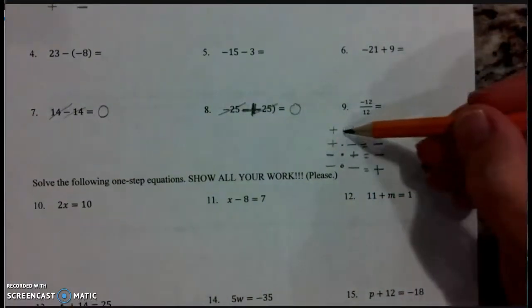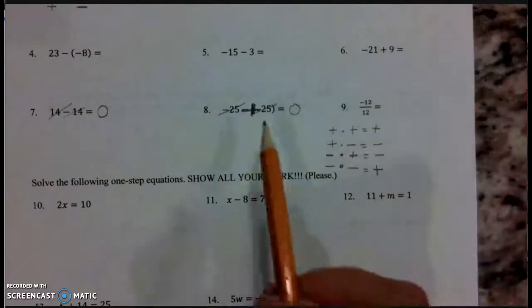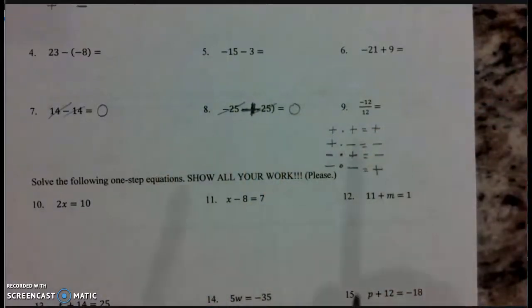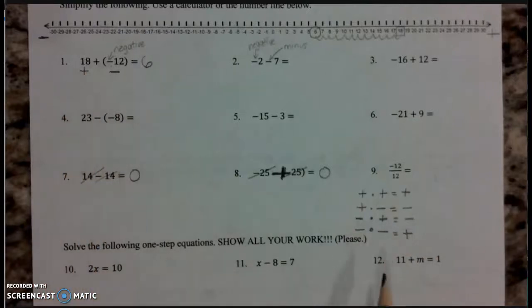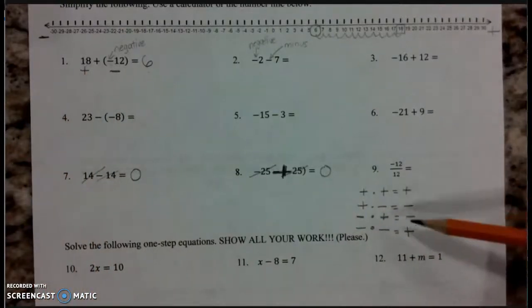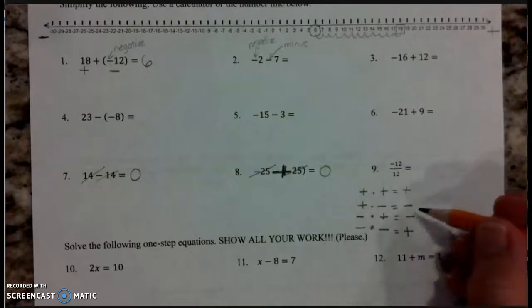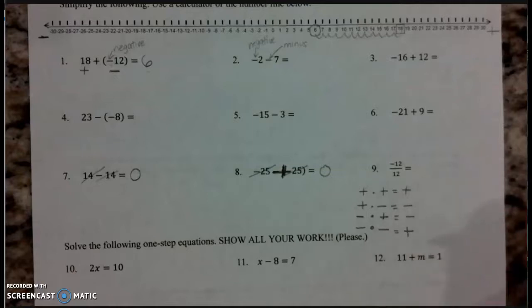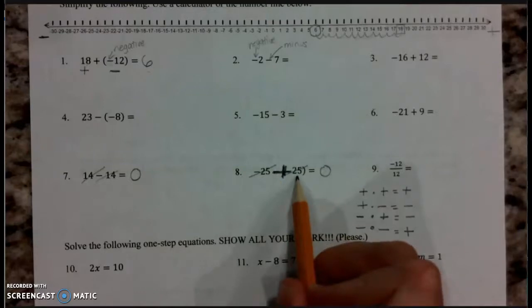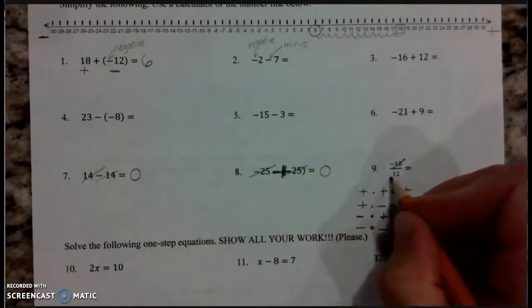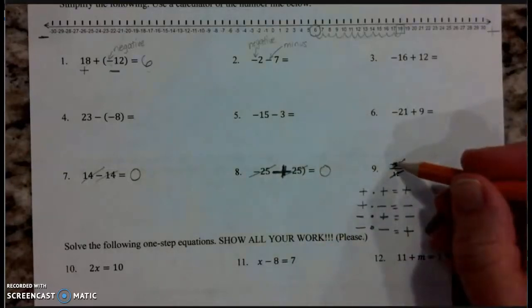So when it comes to multiplying and dividing, it's not about the size of whoever is bigger. Like this guy here, he was bigger, so his sign won. It's not size, it's quantity of how many. So there's 2 situations where the negative wins, and there's 2 situations where the positive wins, okay? So here, just like these 25s cancel out, these 12s will cancel out, and the only thing left is a negative.